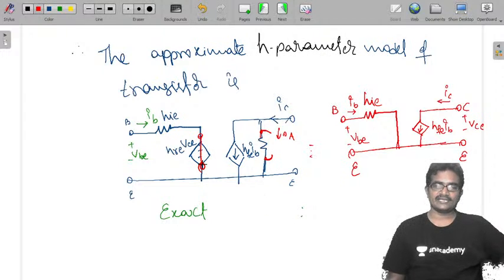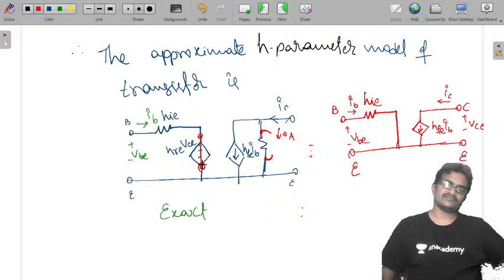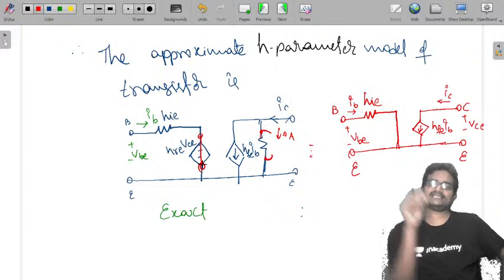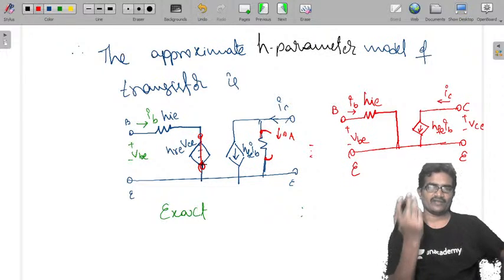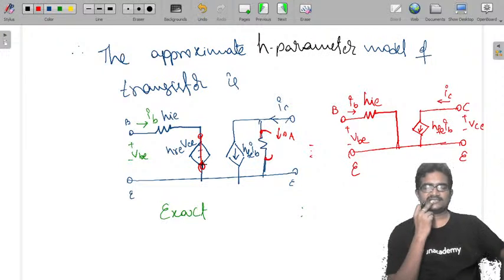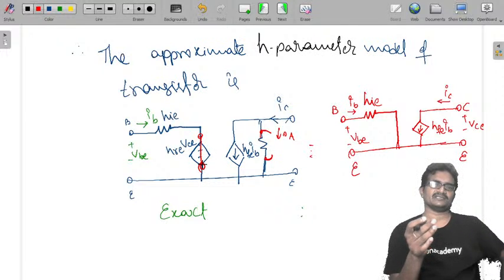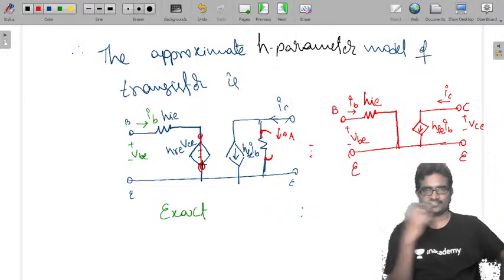And the advantage of this one is, while analyzing CC and CB amplifiers, everything we got in terms of CB amplifier H parameters and CC amplifier H parameters, you need to convert those CB amplifier H parameters into CE H parameters, and CC also in terms of CE.